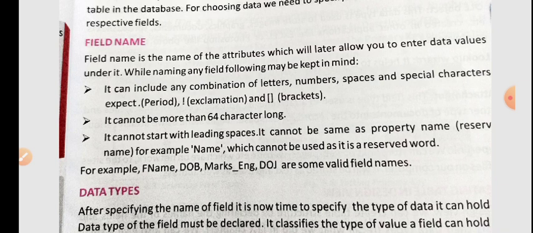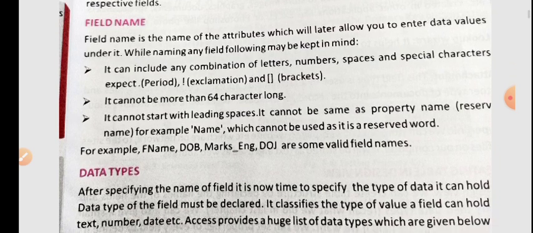of any particular column. The name of the field cannot be more than 64 characters long, means when you are writing the field name, there should be a restriction on the length, and the length should be 64 characters only. You can write the name in a shorter way, but at the max you can write 64 characters.